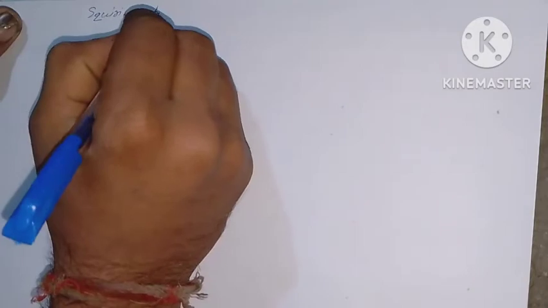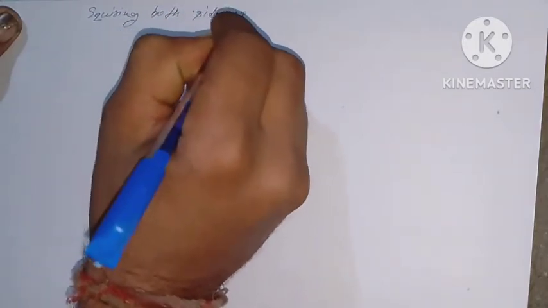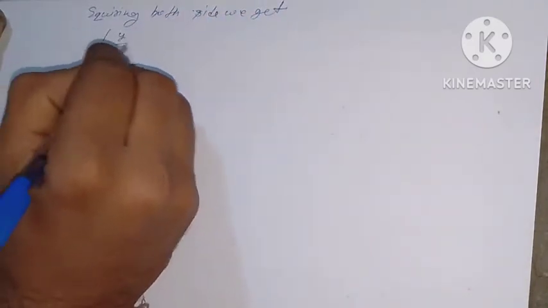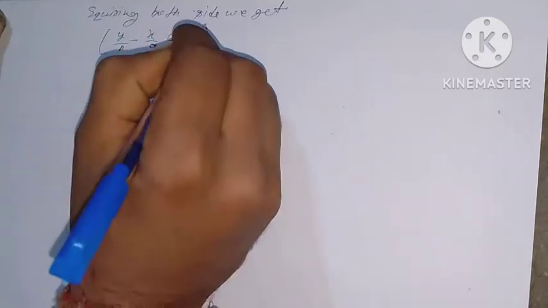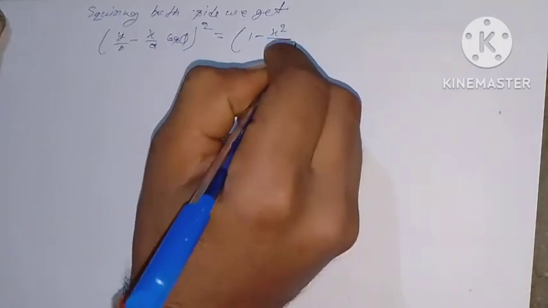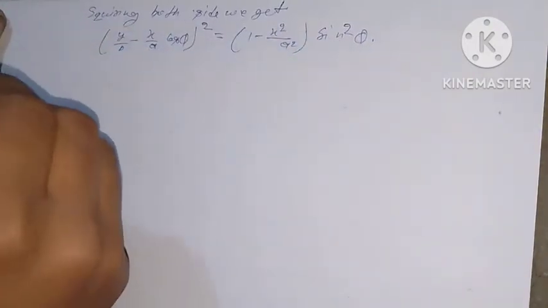Squaring both sides we get, y upon b minus x upon a cos phi whole square equal to 1 minus x square upon a square sin square phi.